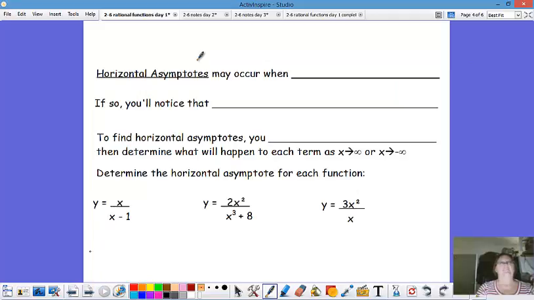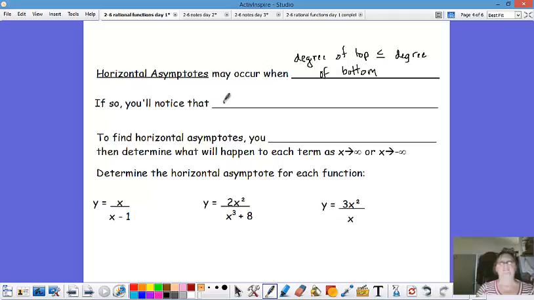Here's our next topic, horizontal asymptotes. There can be a horizontal asymptote when the degree of the numerator, or the degree of the top, is less than or equal to the degree of the denominator, or the degree of the bottom. I use the right math language, but then I write in my plain English. So we can get a horizontal asymptote when the degree of the top is less than or equal to the degree of the bottom.